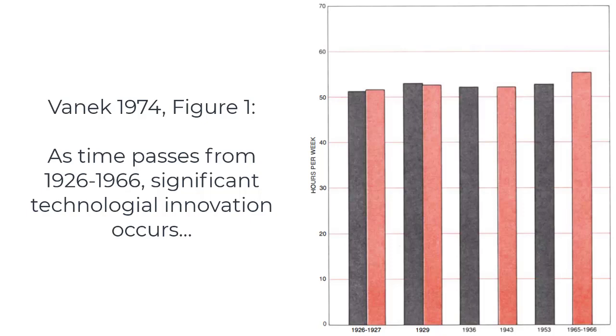And now she's asking this in 1974, and she's looking at time spent on housework in households. And she discovers, as you can see in this figure, that actually over time, the amount of housework that people have engaged in on average has not changed. So we add technology in, and housework continues to happen.